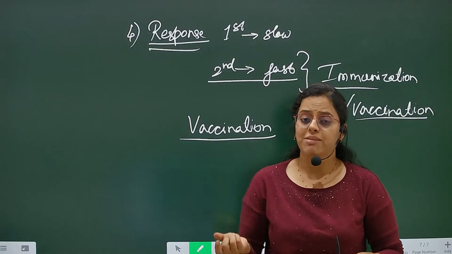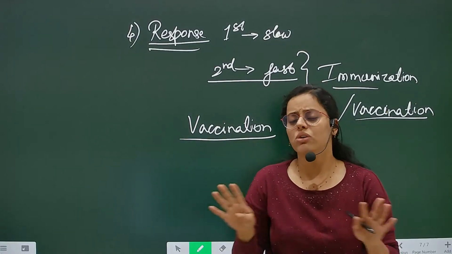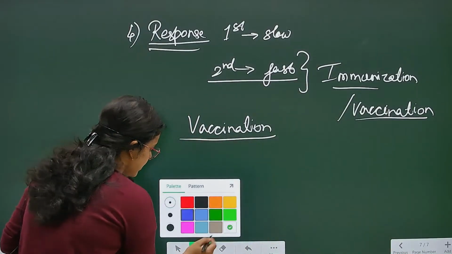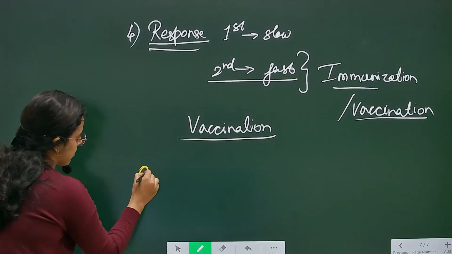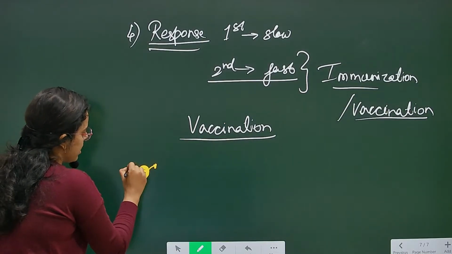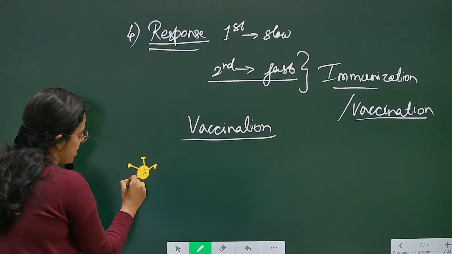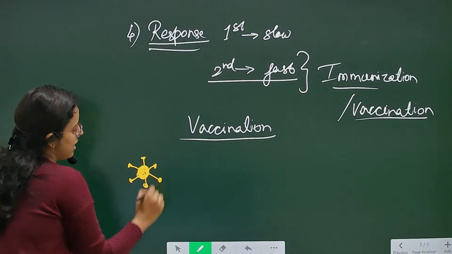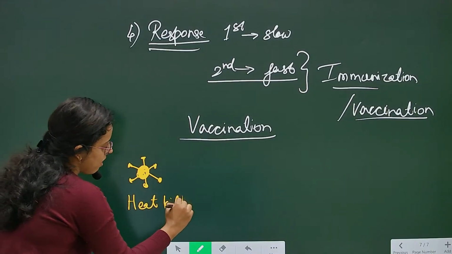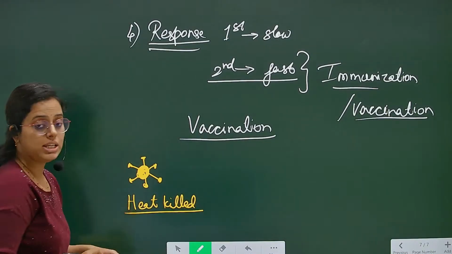So if the dead virus enters the body, it will not cause infection, right? Let us take some typical structure of the virus over here. This is heat killed, which means it will not cause any disease.